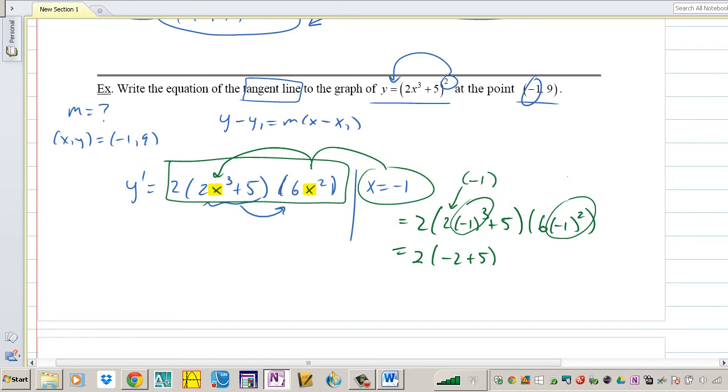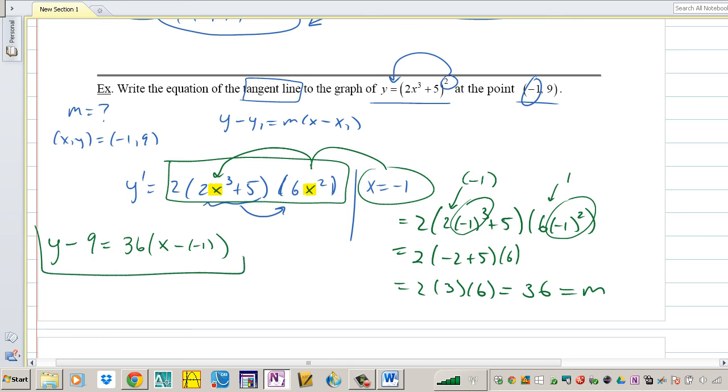Well, that is +1 times 6. So I really have 2 times 3 times 6, which is 6 times 6, and that is 18, no, not 18, 36. That is my m. So that means I have y minus 9 is equal to 36 times x minus -1. There it is. Don't simplify any more than that.